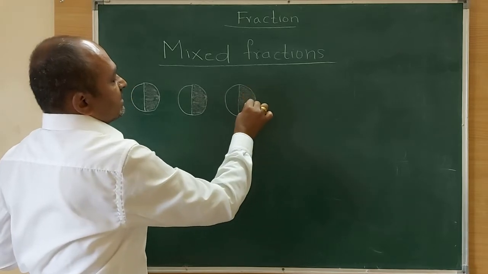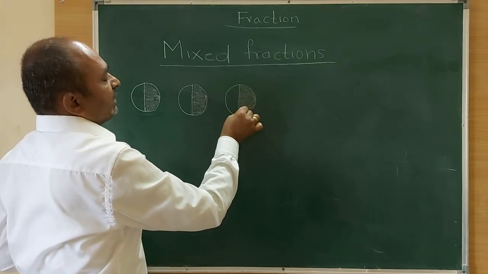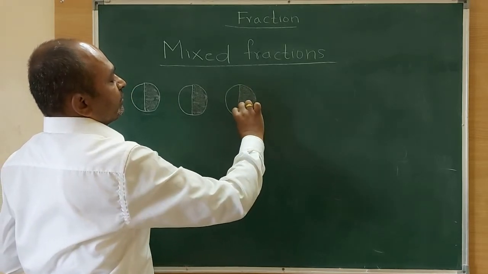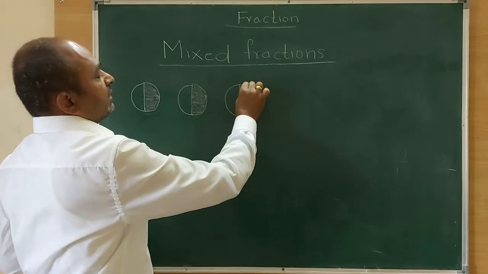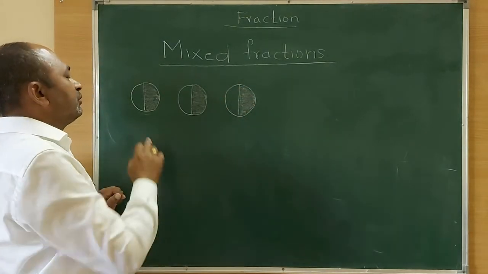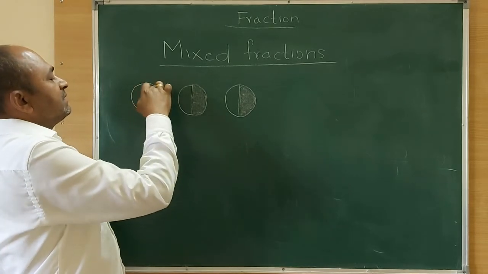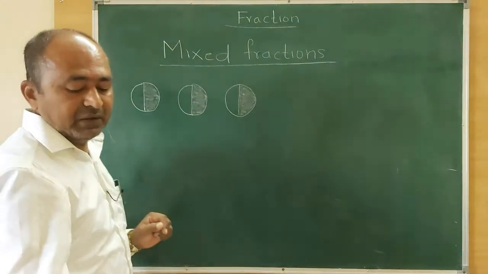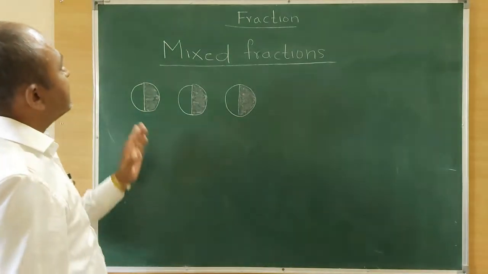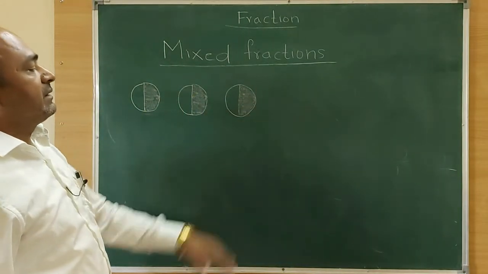There are three circles of the same size, and each circle is divided into two equal parts, and half of each circle is colored. So we have to consider only this colored part.